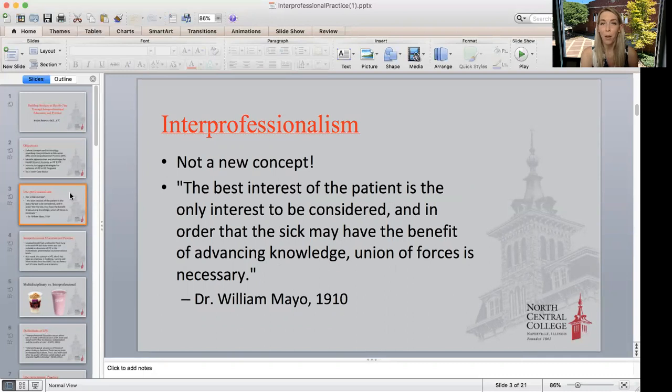So Dr. William Mayo, back in 1910, so over 100 years ago, talked about how it's in the best interest of the patient to be considered by a lot of different forces, not just one physician, one therapist, one individual, but when someone is sick, when someone is in need of medical services, they have the most benefit when a lot of different people with a lot of knowledge in advanced medical sciences are all contributing. So that's what we're going to look at today.